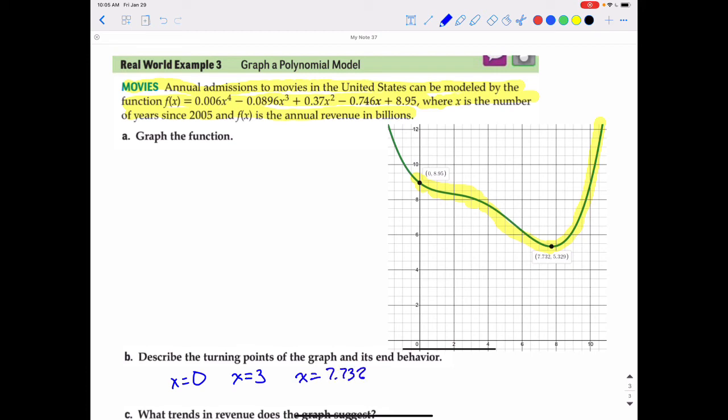Now, if you didn't have Desmos, you would probably say it's close to 8, and that would be acceptable. And then it says describe the end behavior. So from our last section, we learned that end behavior means what's going on at the left and right-hand sides, and you can see that it is increasing both left and right.